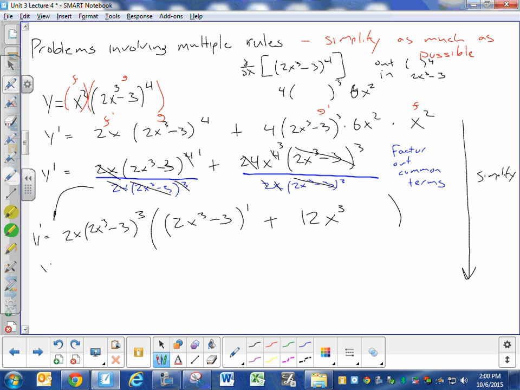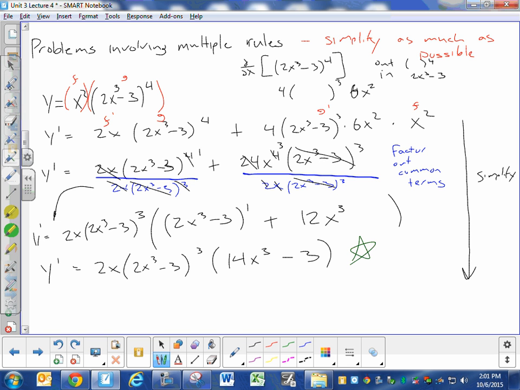And then the final step would be to simplify the stuff inside this that you can. I have 2x cubed plus 12x cubed. Those are 14x cubed. And this would be an answer choice on a test, on an AP test.